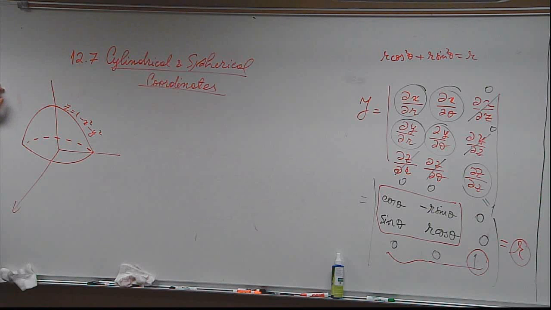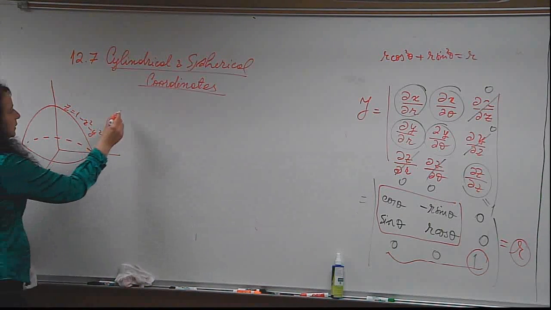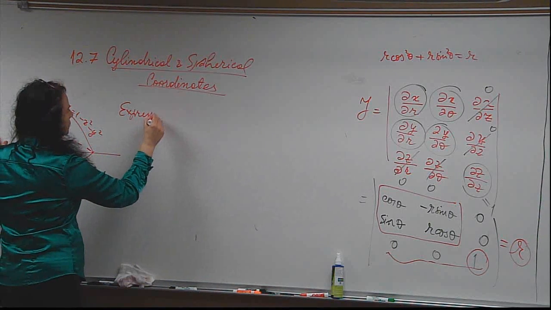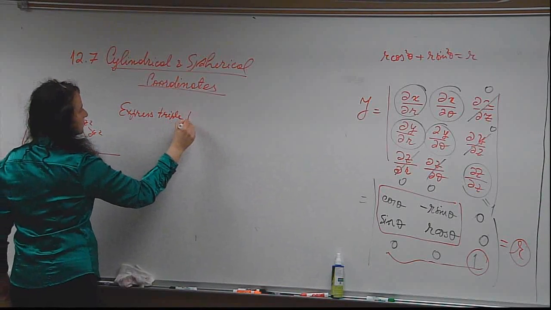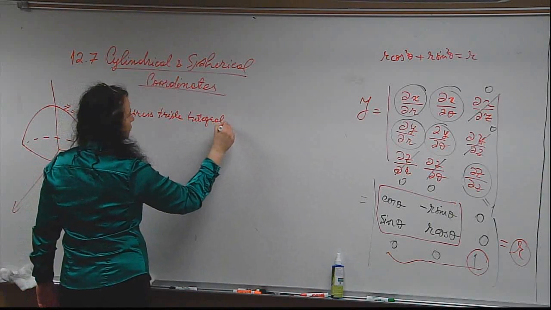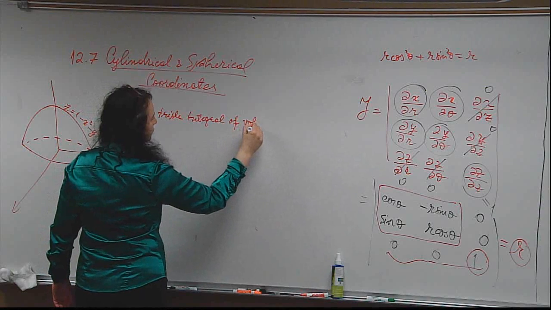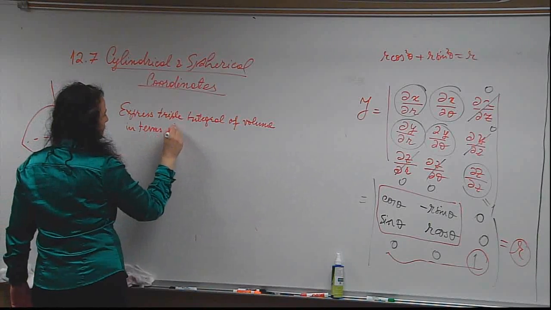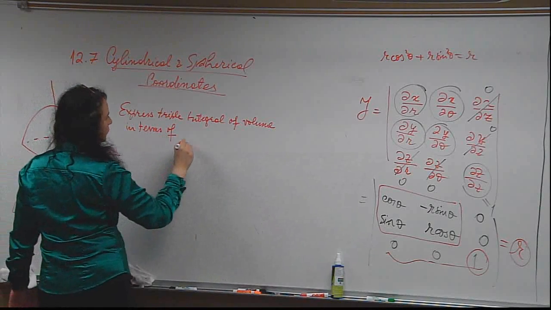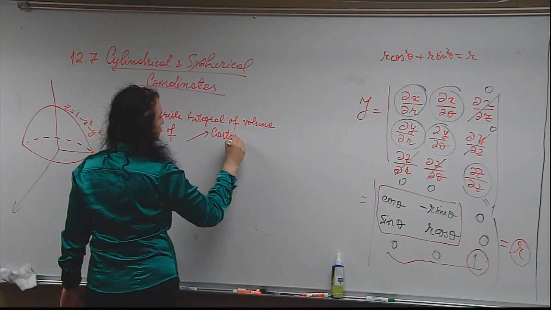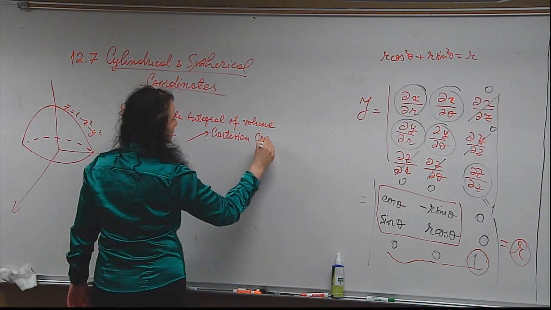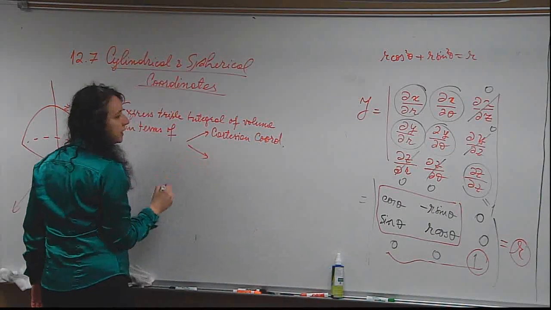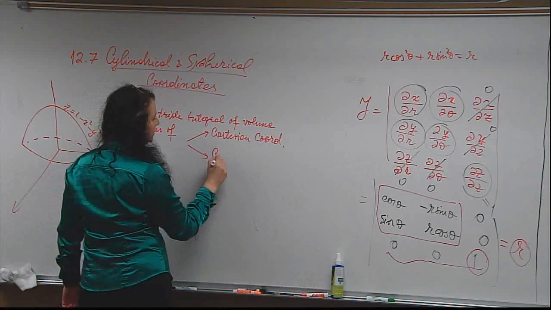And I want to express the triple integral of the volume in terms of, first, Cartesian coordinates, and second, cylindrical coordinates.